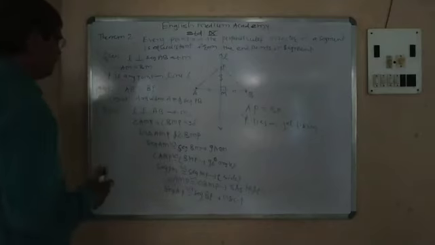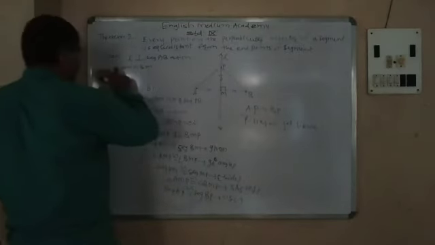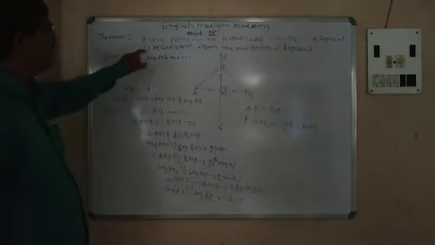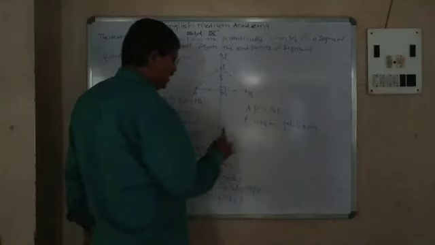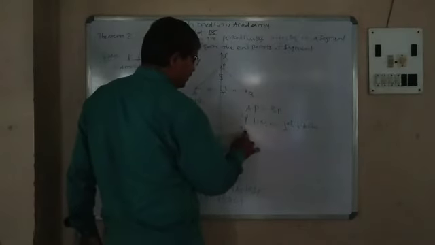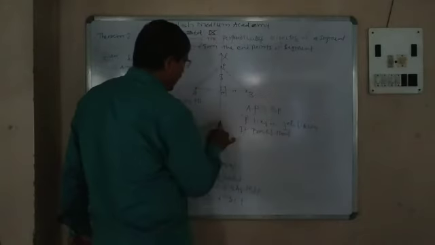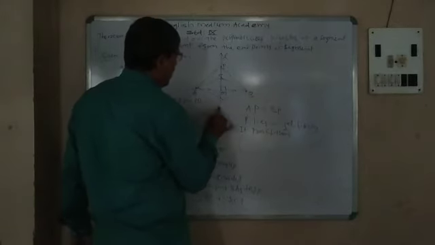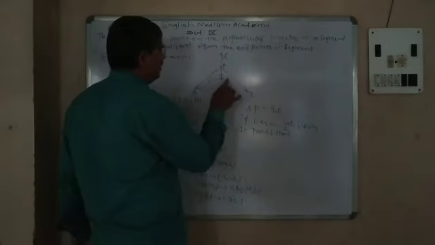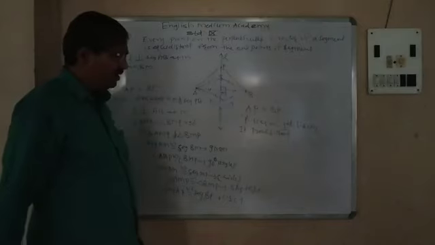Actually, here I took P is any point on line L. We should not take it, because what is told is every point on the perpendicular bisector. So then P means it proves that any point we take, all points are always equidistant from the endpoints of the segment.